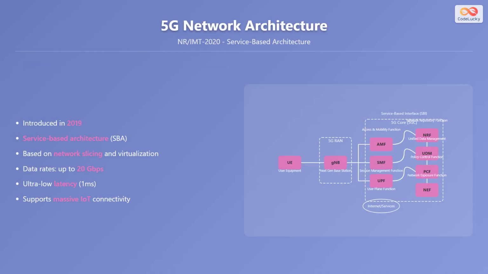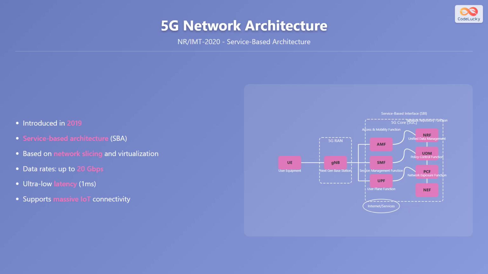Let's examine the architecture of 5G networks, also known as NR or New Radio, and IMT 2020, which introduced a service-based architecture. 5G was introduced in 2019 and features a service-based architecture, or SBA. It's based on network slicing and virtualization. Data rates go up to 20 gigabits per second.